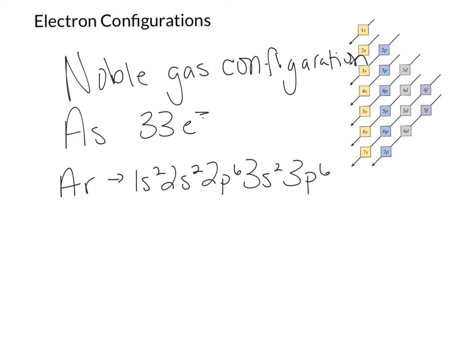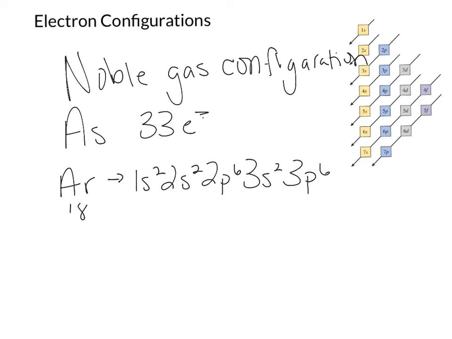Let's make sure those add up there. Argon has 18 electrons. So you have 2, 4, 10, and 12 plus 6 is 18. Okay, perfect. So this is the electron configuration for argon.